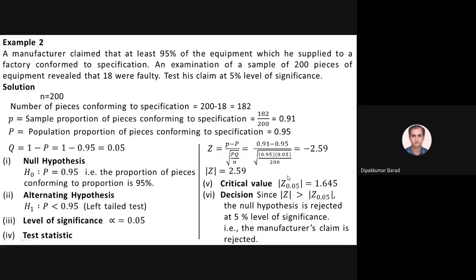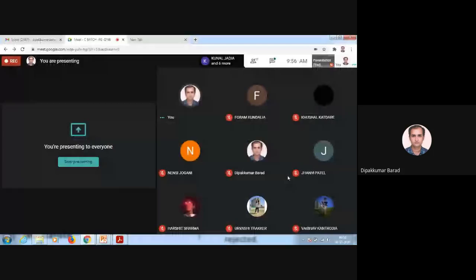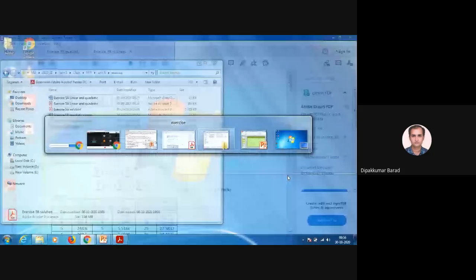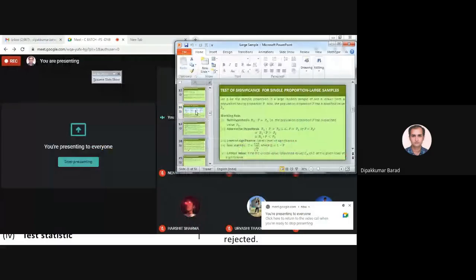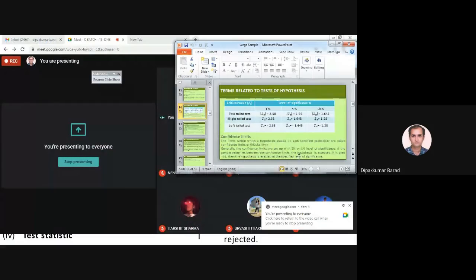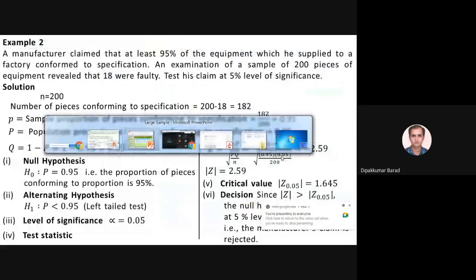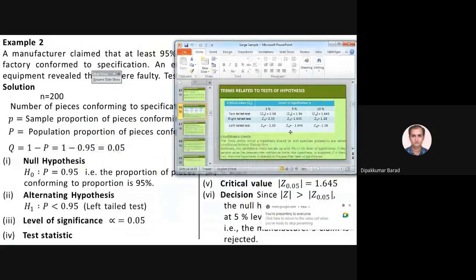Okay, I will show you this right now. I have already shown you this table. See this table. You can see here for 1% and 5%. I already told you that these values you are required to remember.